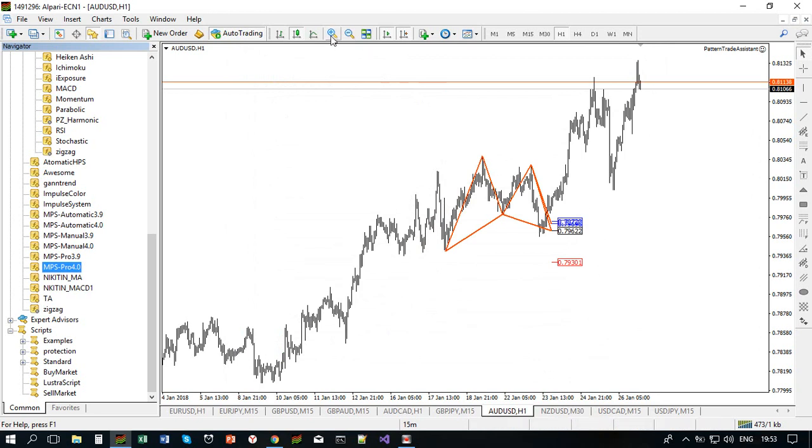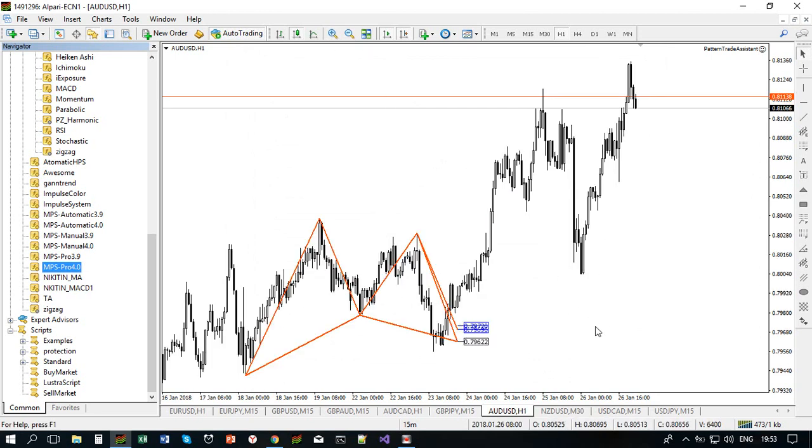Okay, we have this Gartley. Let us look at some numbers. The large bull Gartley XA is 79.62. By the way, this black arrow, this black price is the most important one. A price at least should hit this line before we say that the pattern is working.